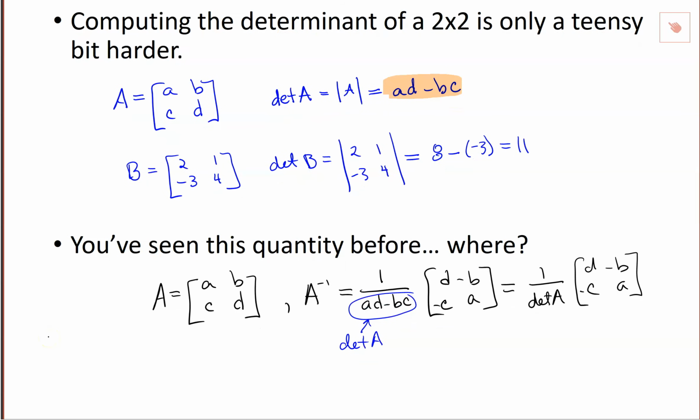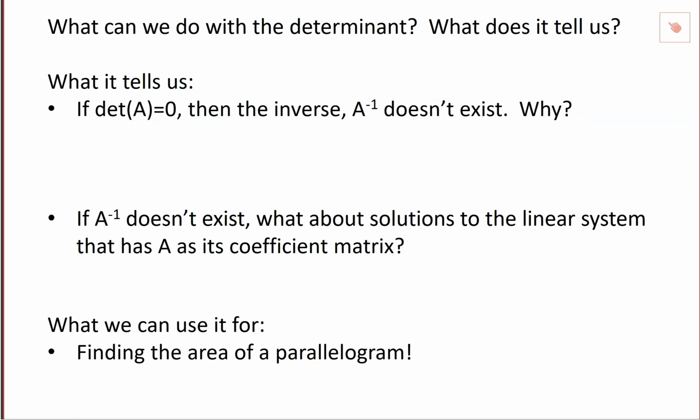Let's see next what we can do with that. Well, there are a couple of things right away that the determinant will tell us about. We know that if the determinant of a 2 by 2 matrix is equal to 0, the inverse can't exist, because A inverse is equal to 1 over det A times that other mixed up matrix, and we can't divide by 0. So if the determinant of our matrix is equal to 0, then A inverse doesn't exist. And knowing that A inverse doesn't exist tells us something about the solutions to the linear system that has A as its coefficient matrix.